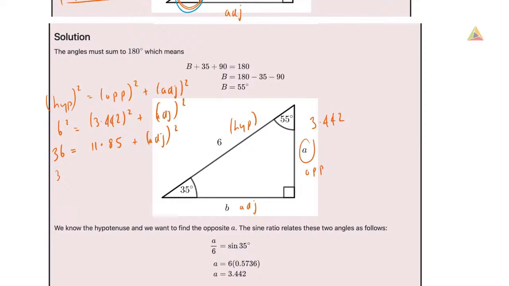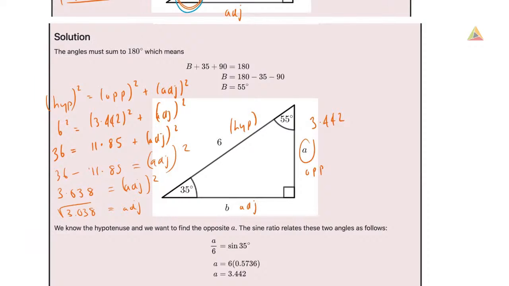So it's 36 take away 11.85, and that will give us the adjacent squared. Put that directly into the calculator, and that's going to be 3.038. That's equal to the adjacent squared. So to get the adjacent, it's going to be the root of 3.038.